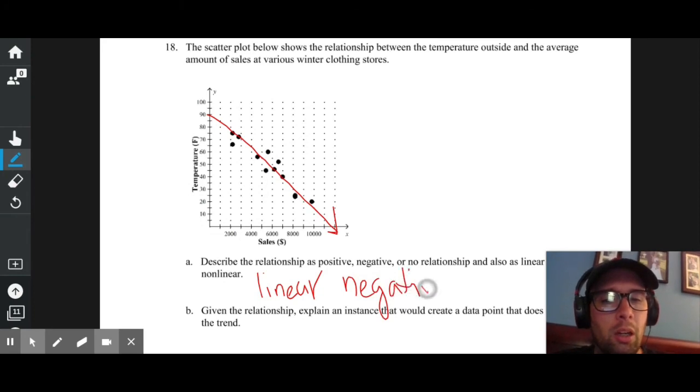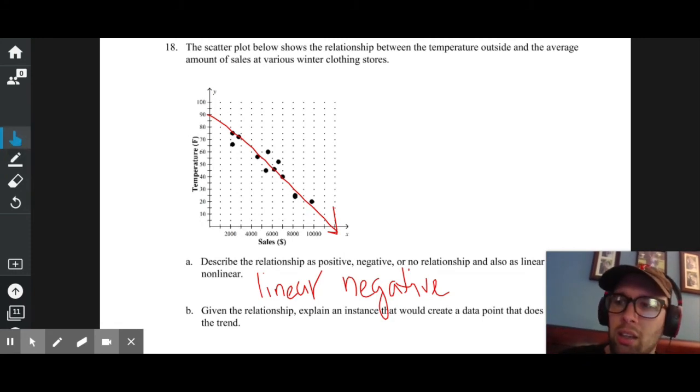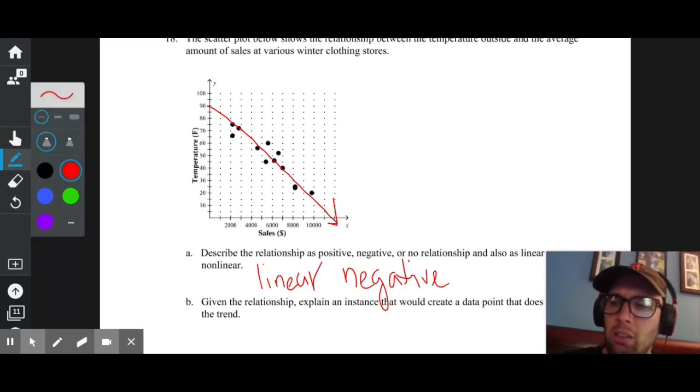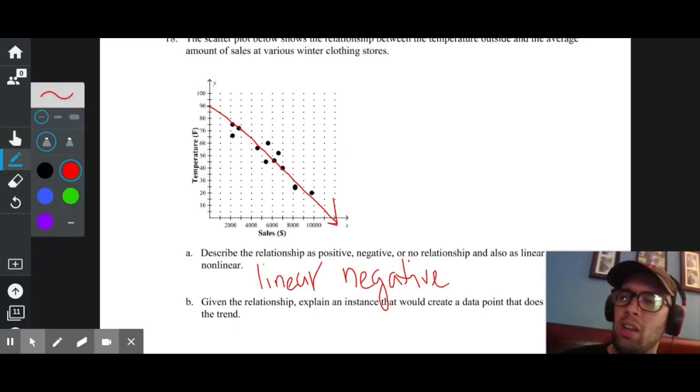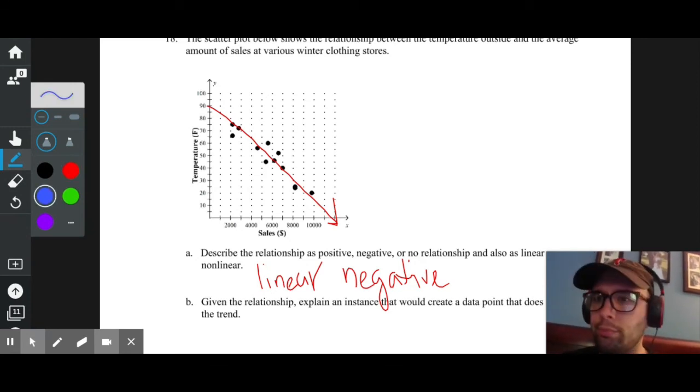So linear, negative. Given the relationship, explain an instance that would create a data point that does not follow the trend. All right, how about a sale?